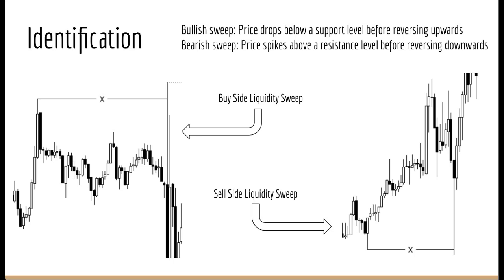To help you understand how liquidity sweeps would look on a chart, here we have charted them and pasted them onto the slide so you can see the difference between a buy-side liquidity sweep and a sell-side liquidity sweep. The way we have identified these is that the candle has wicked past the previous highs and lows, and the candle has closed inside the range and not broken the structure.